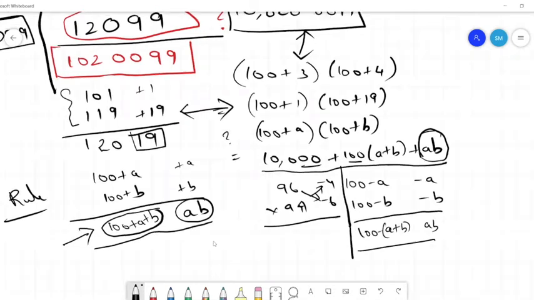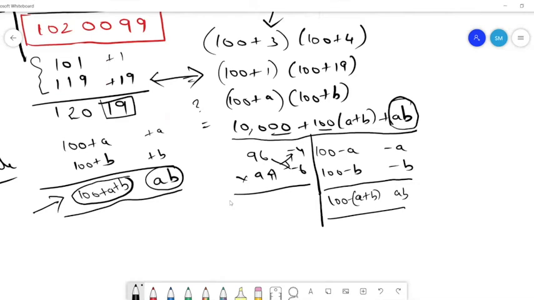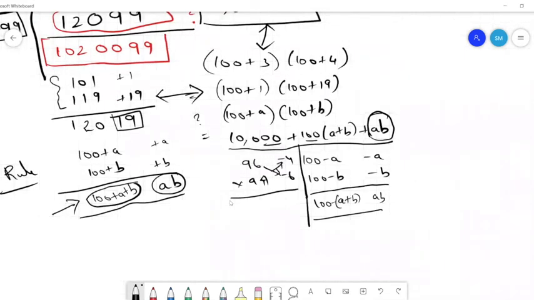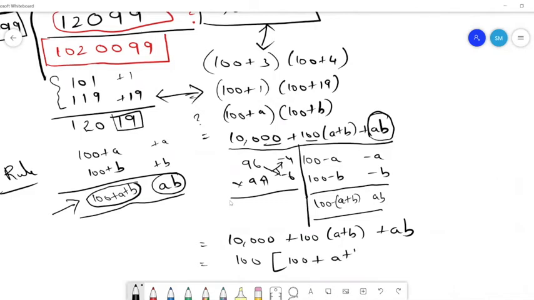So here we can do one simplification in the algebraic domain, which will immediately show what is happening. We have got 10,000 plus 100 into A plus B plus AB. This is 100 plus A and 100 plus B, right? In the first two terms, we can take 100 out, so we have 100 into 100 plus A plus B, plus AB.